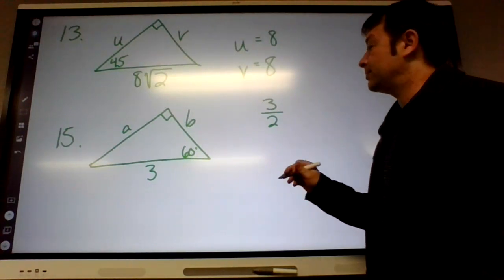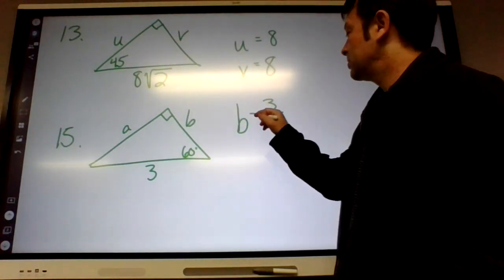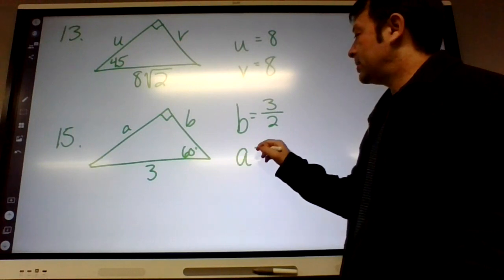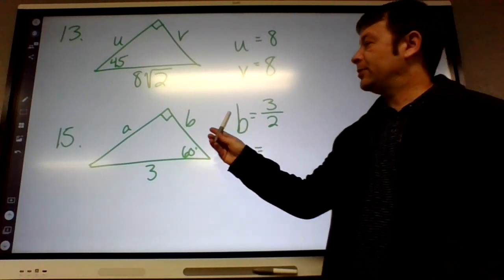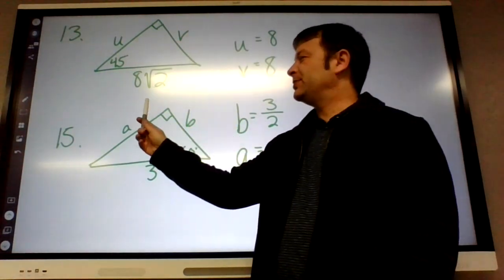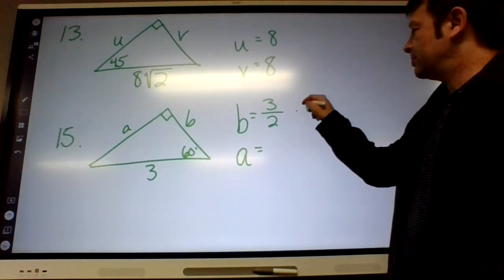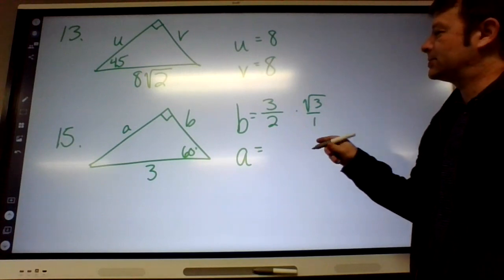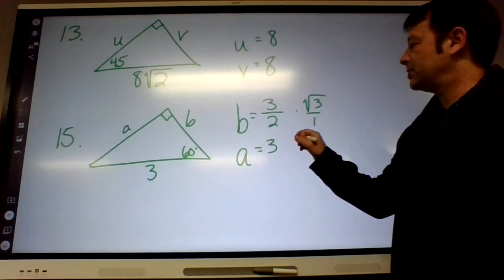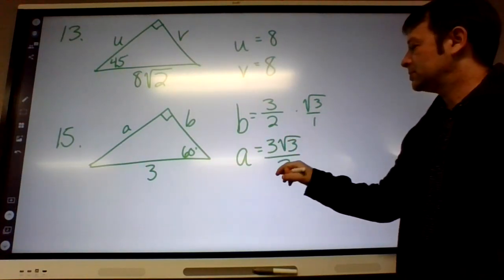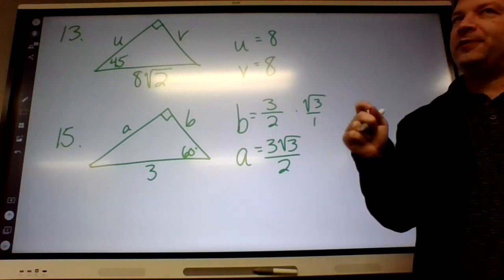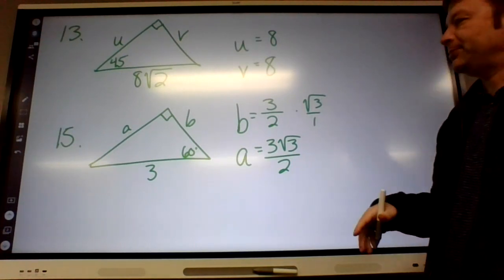I'm just gonna call it 3/2. Okay. How do we go from the short leg to the long leg? Multiply by square root of 3. So it's 3 square root of 3 over 2. What the book probably did was like this. If you put 1.5 square root of 3, that would be the same thing. That'd be okay.